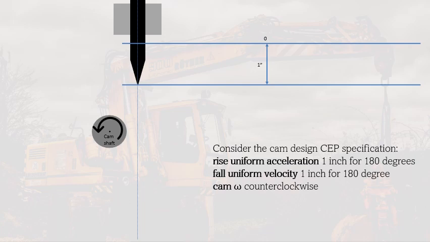After that, we're going to locate the different angles. We can divide it at a convenient angle that we'd like to. As you can see here, there are 3 dotted lines at 90 degrees. So why is it that there are 3 dotted lines there? As you can see, for this cam specification, we have a rise with uniform acceleration for 180 degrees. That's why we draw first that portion here.